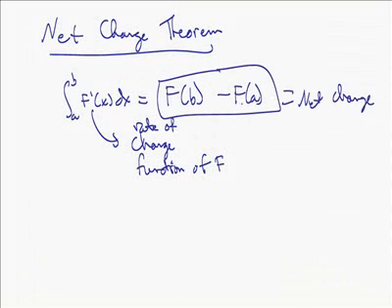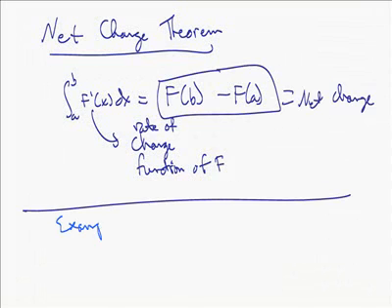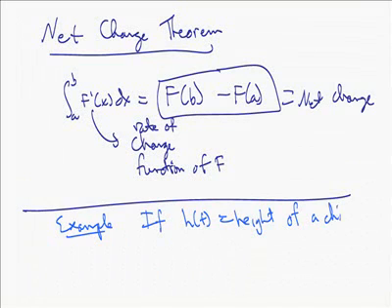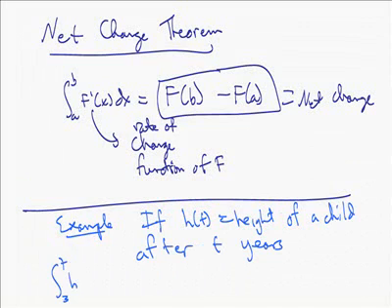All right. So, for example, let's just look at an example of what we mean by this. If we let h of t equal the height of a child after t years, then what do we mean by the integral from, say, 3 to 7 of h prime of t dt?